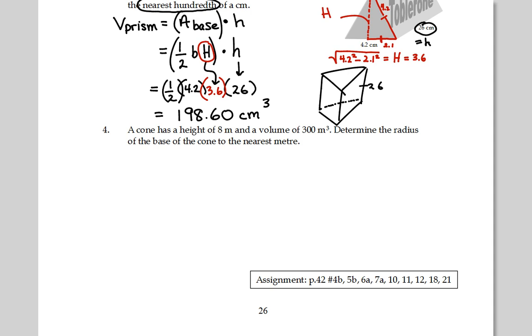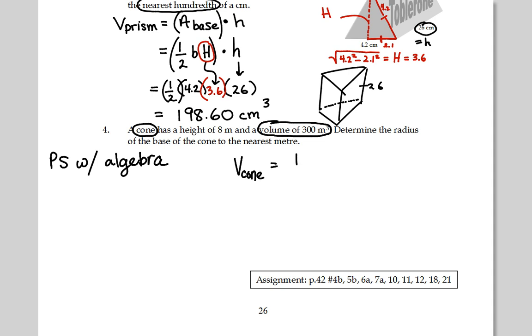Good, this last one is problem solving with algebra. Remember we did one to start the class like this? How do I know? Because it's giving you the volume. The shape is cone. So as I read this, I see cone, and then I go to my formula for cone, and it's like 1/3 pi r squared h.